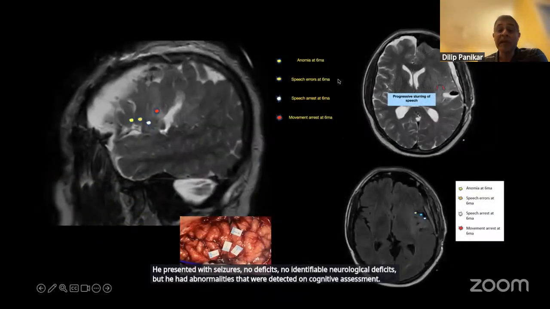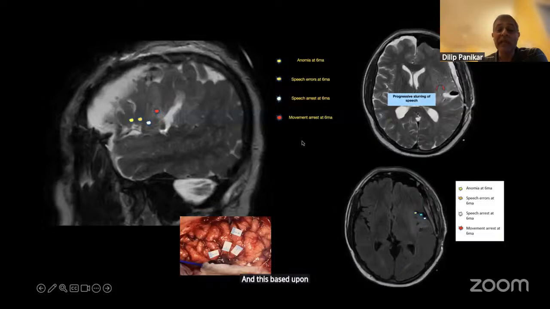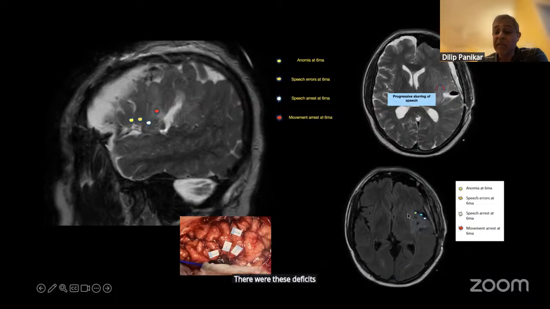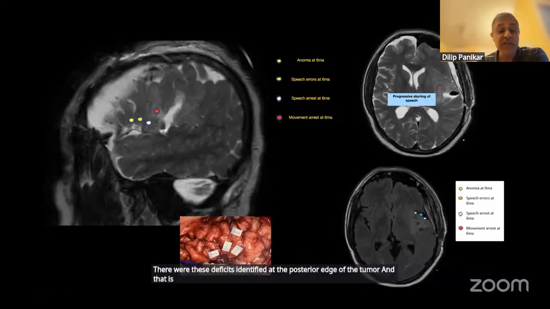With detailed intraoperative mapping, we could resect it near totally. However, as you can see here, during resection, there were deficits identified at the posterior edge of the tumor, and that is what led us to stop the surgery at that point.